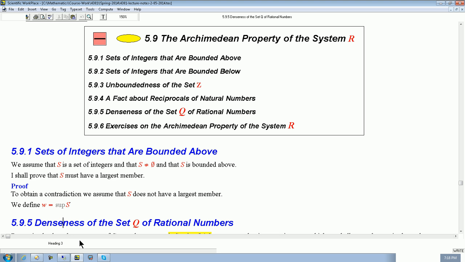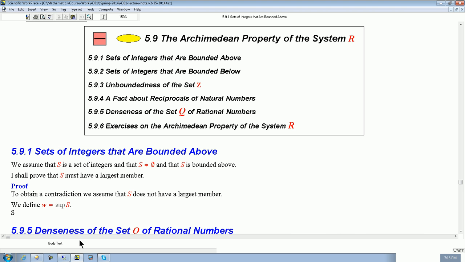Maybe it is. Unofficially, it bloody well better be, right? But for now, it makes my head hurt to worry. I'll tell you later it is. Okay, now, we define W to be sup S. Fair enough? Okay. I'm going to tell you something. Since W minus 1, I have no idea whether that's an integer or not, right?